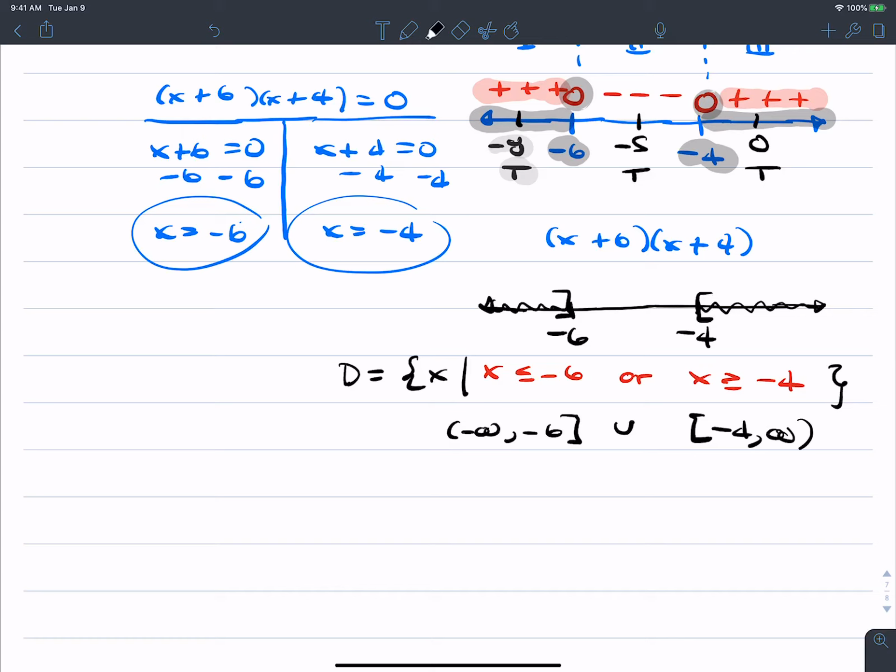So this is the left portion, and here's the right portion, and we're saying just unite them or consider them together on the same real number line. And this is how we write the graph and the domain, in set notation and interval notation.